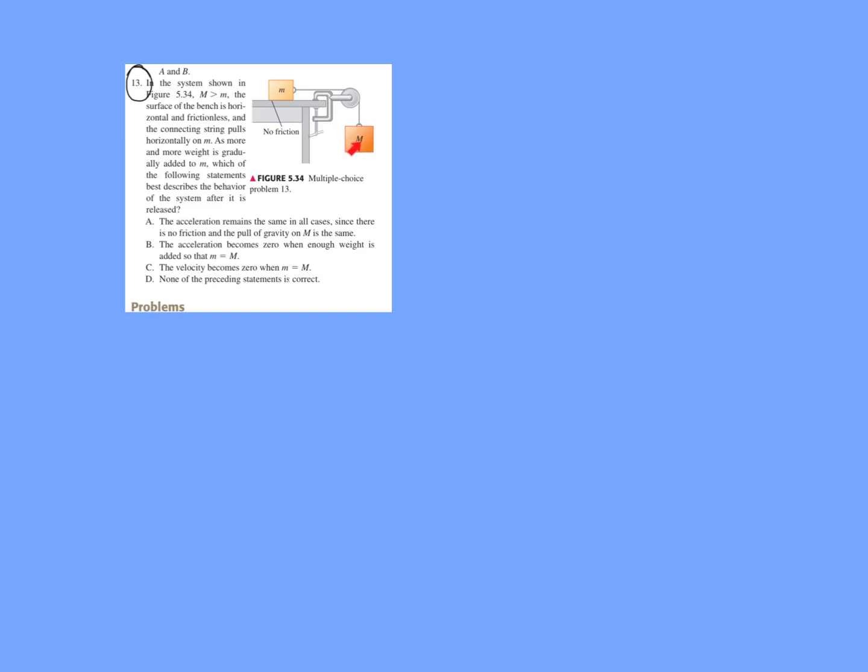Now you maintain fixed the 10 kilograms, so it will be a weight of 10 by 10, 100 newtons going downwards. So now the mass m will be 3 kilograms. Now you maintain the weight M fixed, let's say 10 kilograms, and you add another kilogram here. What will happen when you are adding more kilograms?